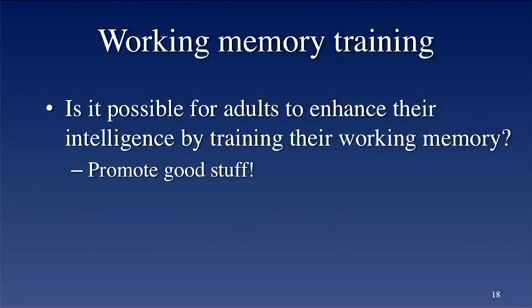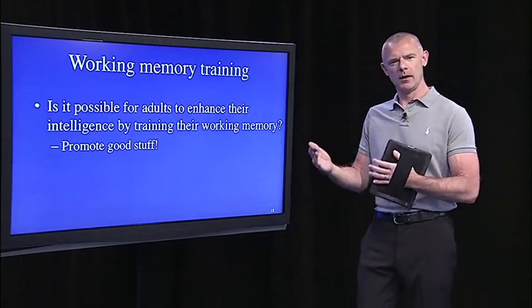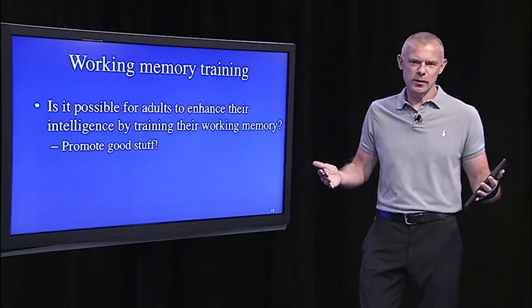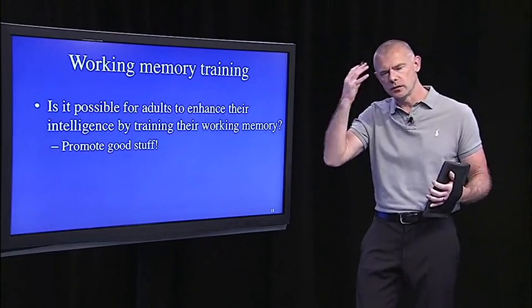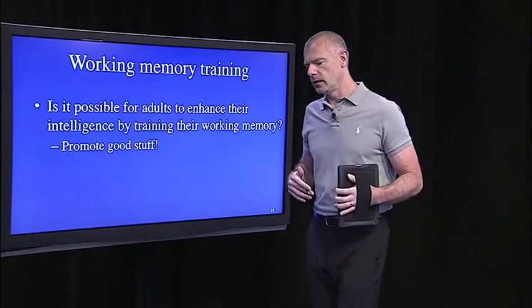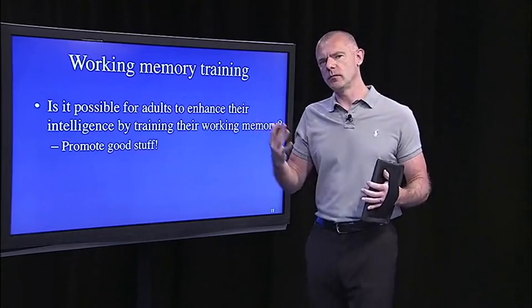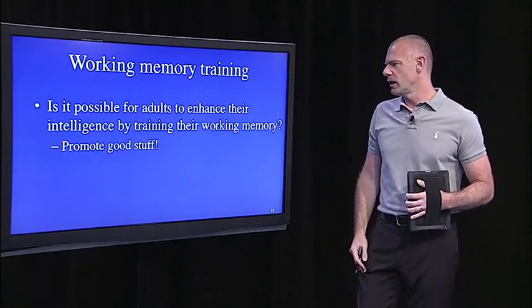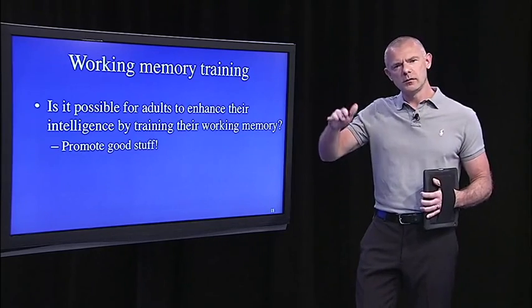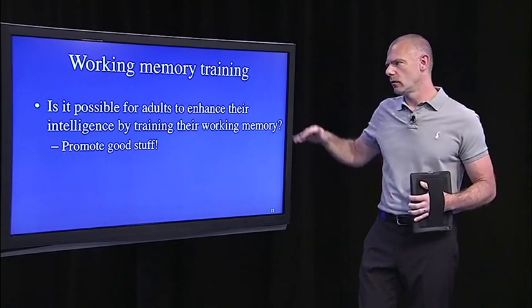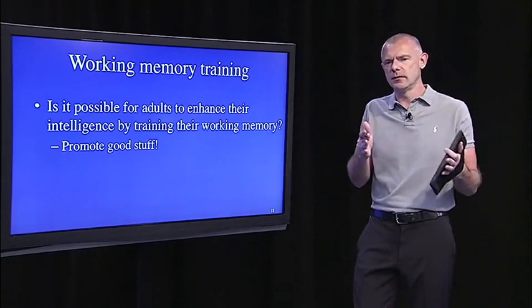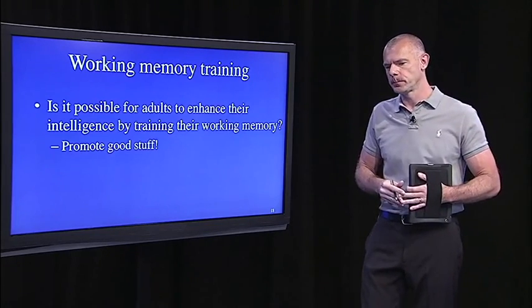This is a pretty radical idea within the field of psychology, because conventional wisdom up to the last sort of decade or so is that once you become sort of an adult, once your brain is matured, once you reach about 18 years old or so, your level of intelligence, your working memory capacity is sort of fixed relative to the rest of the population.